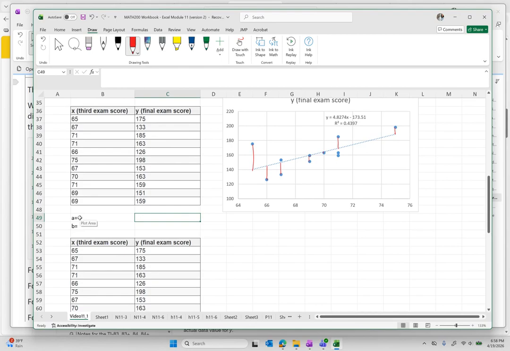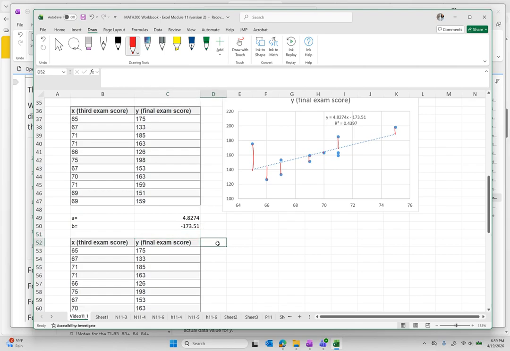A is the coefficient of x, so 4.8274, and the b is negative 173.51. And notice here that Excel actually rounds. These are not exact values. It has rounded a to 4 decimal digits and b to 2 decimal digits.